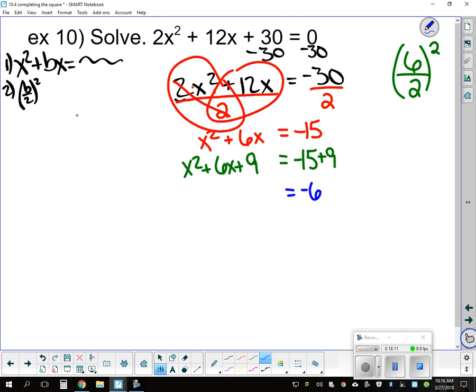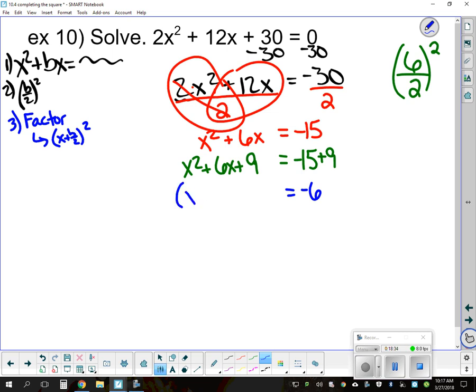And then what you want to do on your left side is you want to factor the left side. But keep in mind, there's a shortcut to just get you straight to your quantity squared. And that is always just going to be b divided by 2 right there.